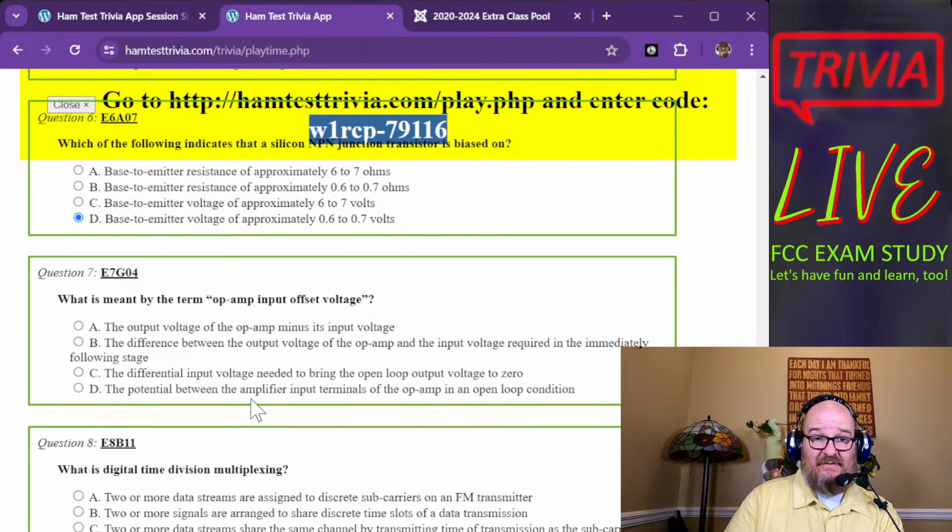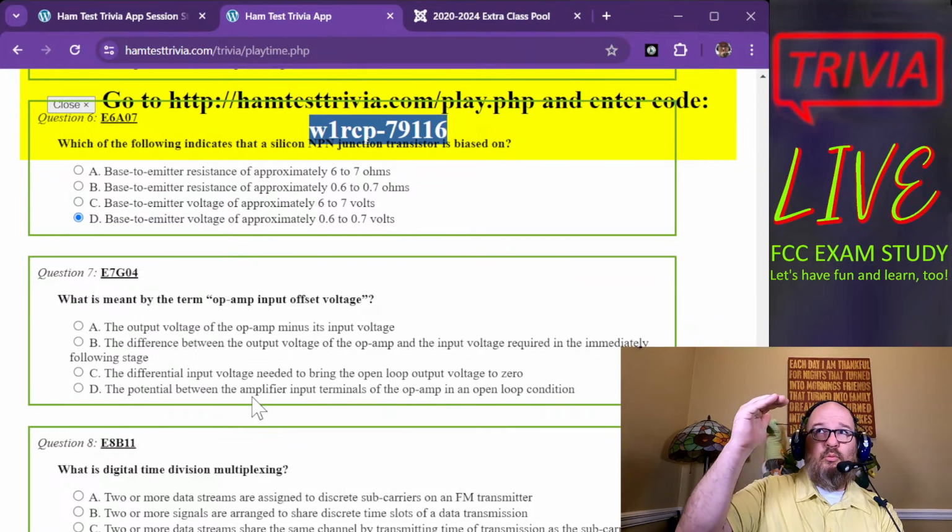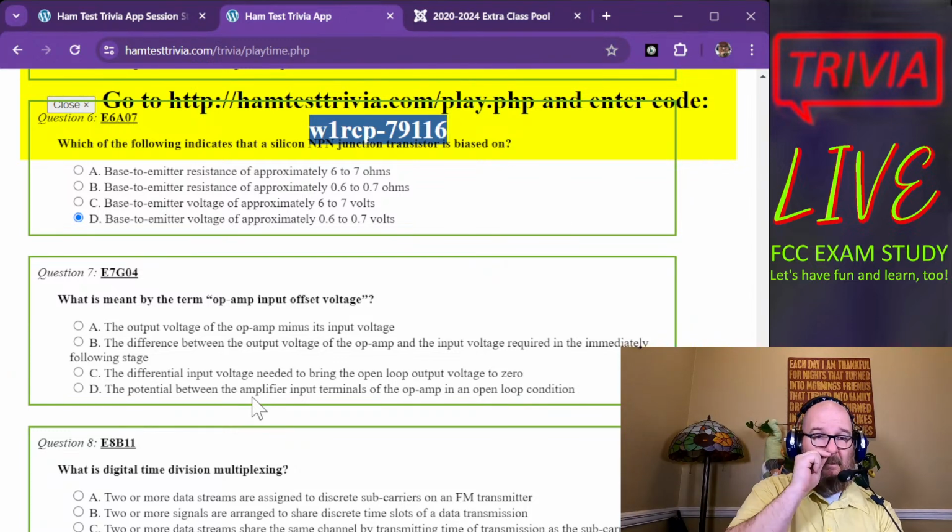What is meant by the term op-amp input offset voltage? Pardon me, excuse me. Offset. Now I know on an oscilloscope it has an offset where you can move your trace lines up.